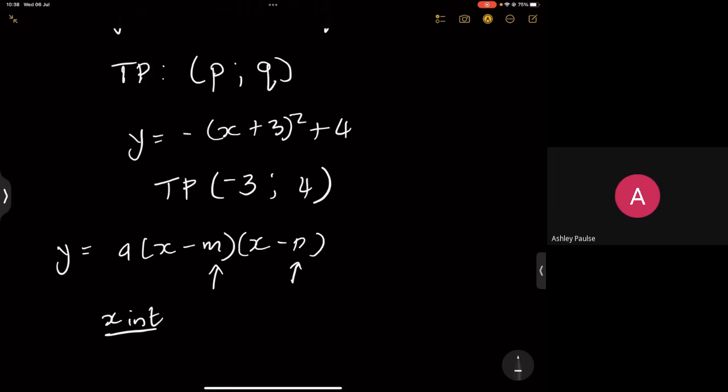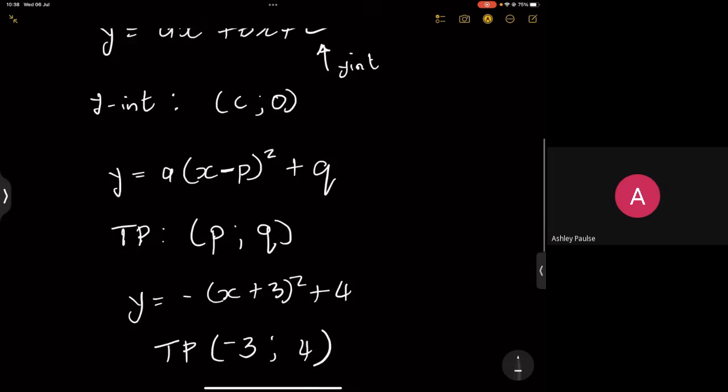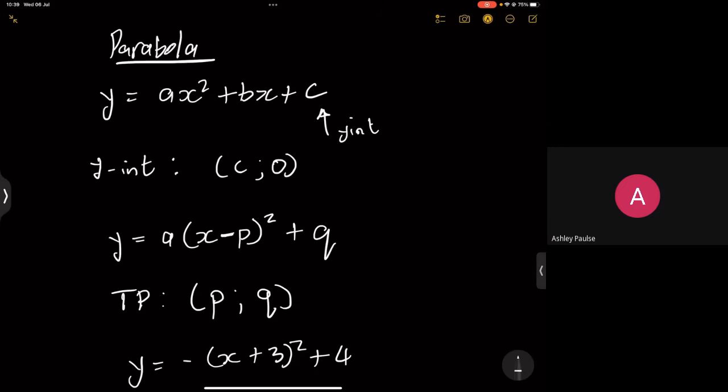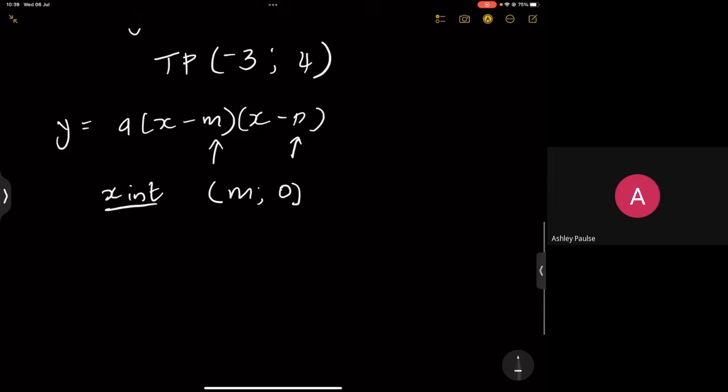In this case, our x-intercepts would be m and 0. By the way, sorry, I made a mistake here. I realized when I wrote that. Remember, the y-intercept would be where x is equal to 0. So this would be 0 and c. Okay. Right. So our x-intercepts would be m and 0, as well as n and 0.